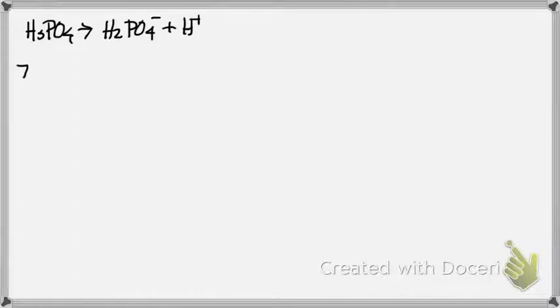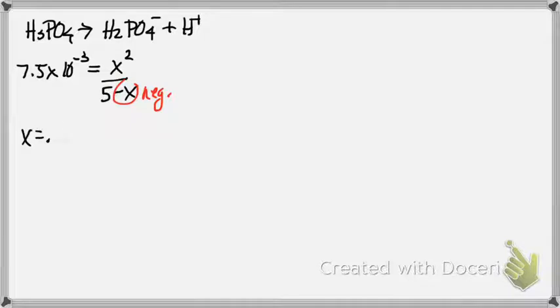So we're going to have 7.5 times 10 to the negative 3 equal to x squared over 5 minus x, neglect x. Okay, so we get x is equal to 0.194 molar.